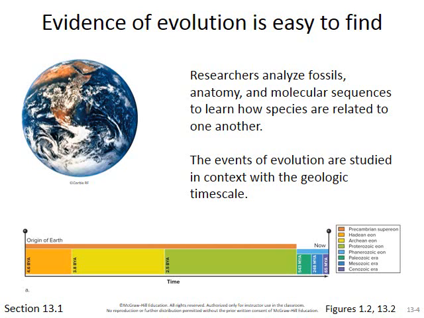They use these things to learn how species are related to one another. The events of evolution are studied in context with the geologic timescale. So when a common ancestor between two groups of organisms was around, that would be during a certain geologic event, a certain era or eon, on the timescale.